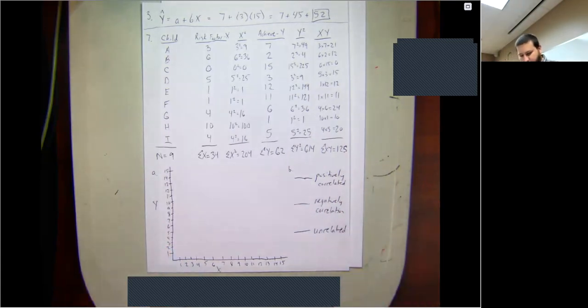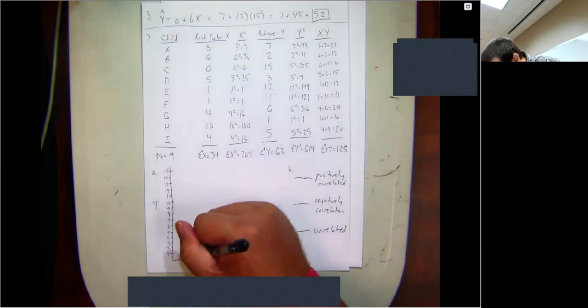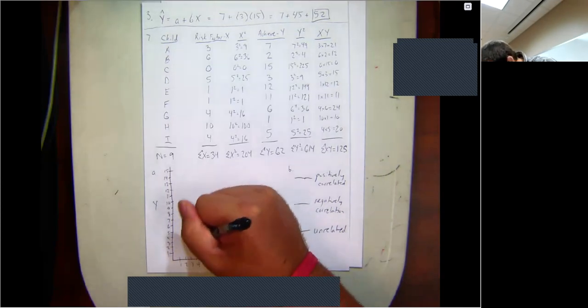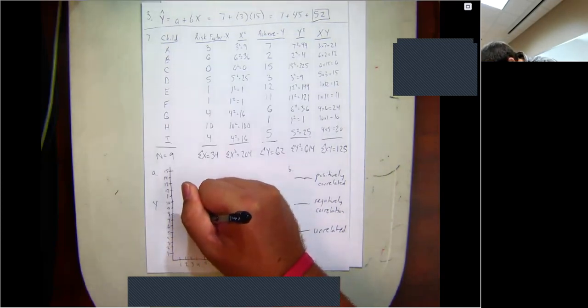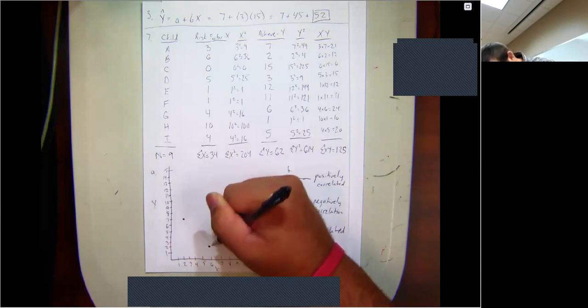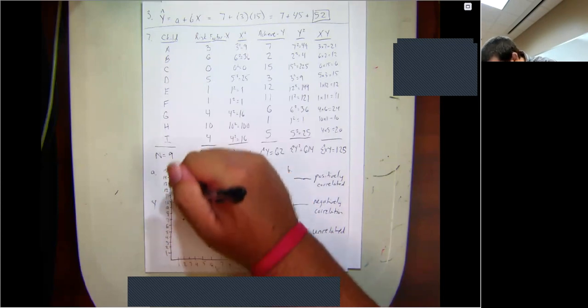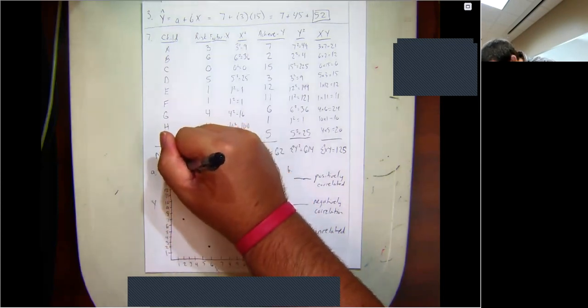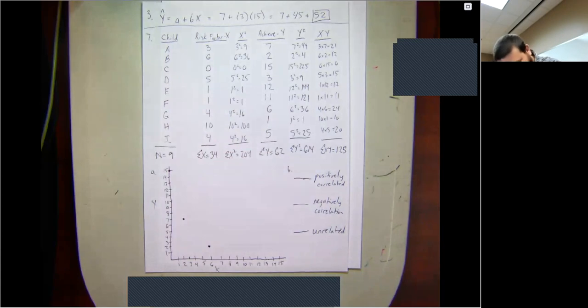Okay, so let's plot this data. Risk factor 3 out, 3 up, 7 for the first person. Out 6 up 2. Out 0 up 15. Out 5 up 3.